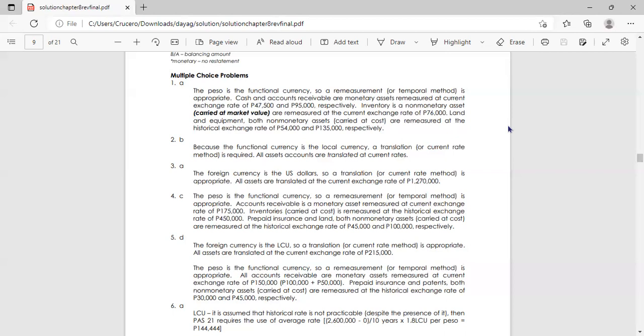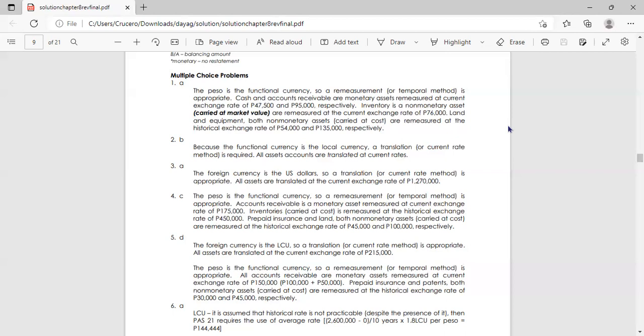What total amount should be included in the consolidated balance sheet? That includes 47,500 plus 95,000 plus 76,000.